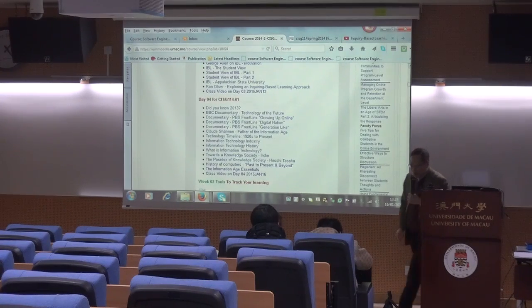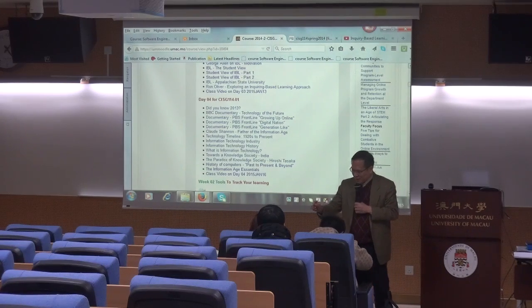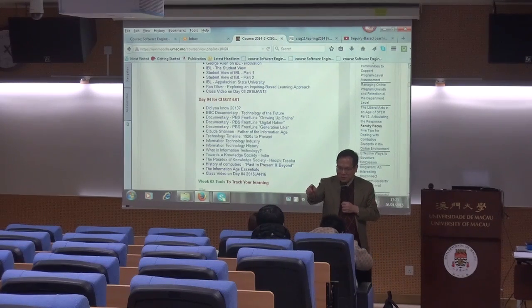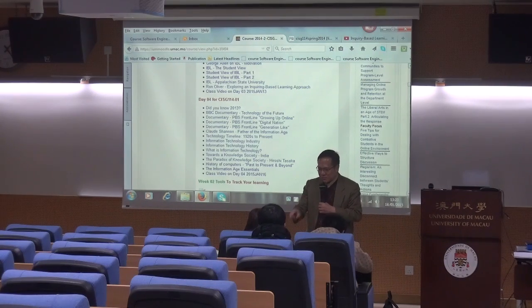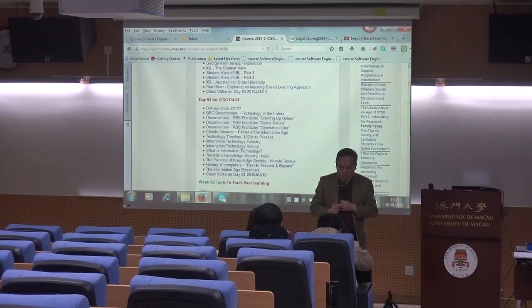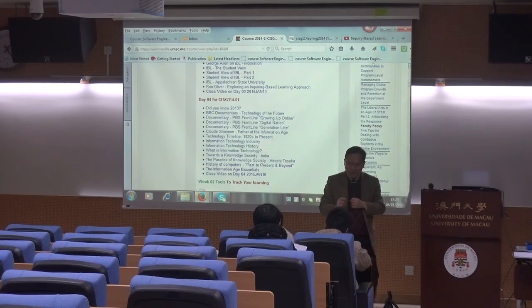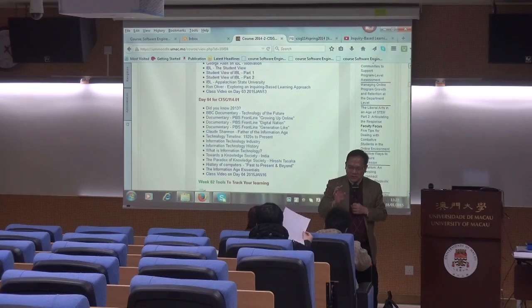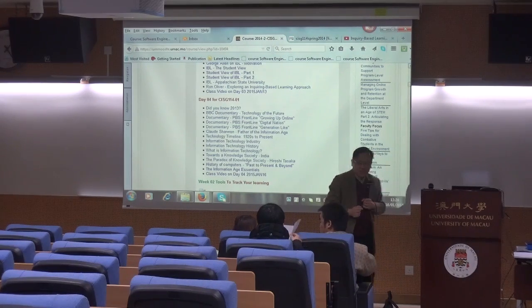Okay, now I would like you to do something like this. Alice, you pass the paper to Kelvin. Kelvin, you pass the paper to Jack, and Jack is going to pass his paper to Alice. So each one is going to take a good look at your fellow students' writing. You do not need to explain, you just keep track of the paper, and then you just read it, all right?